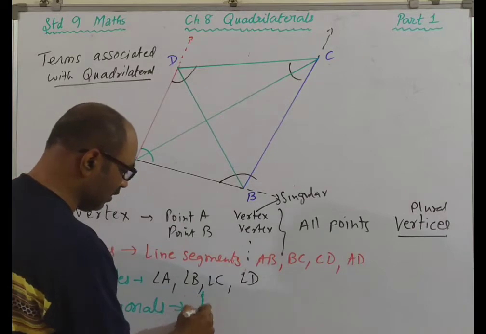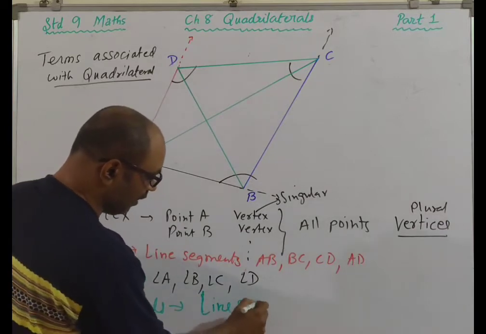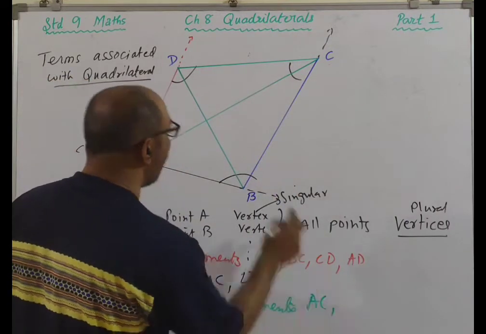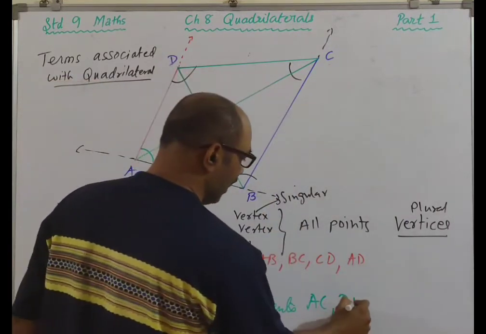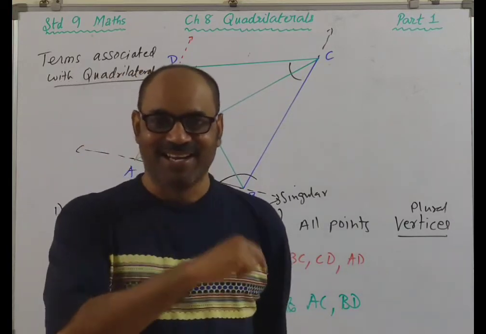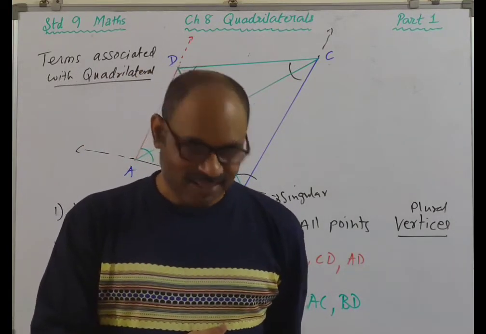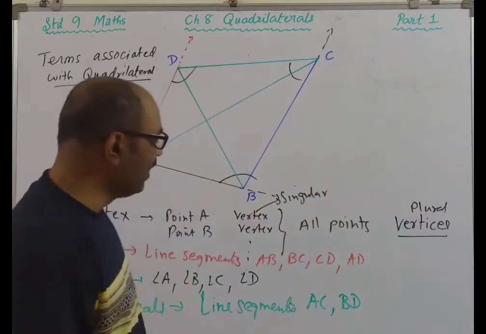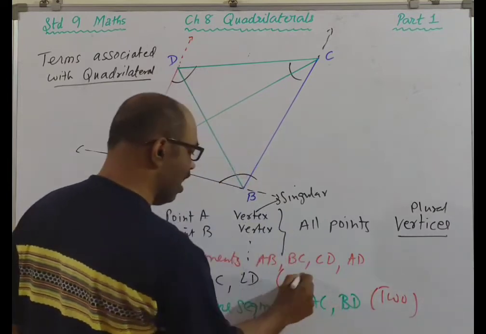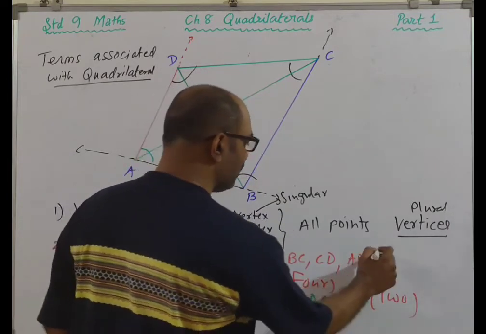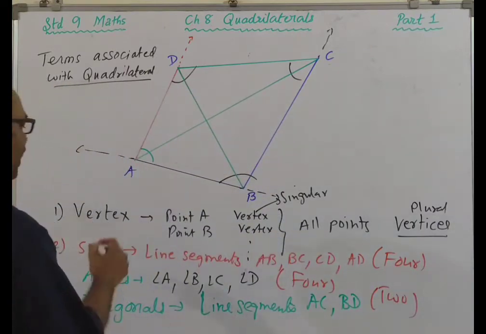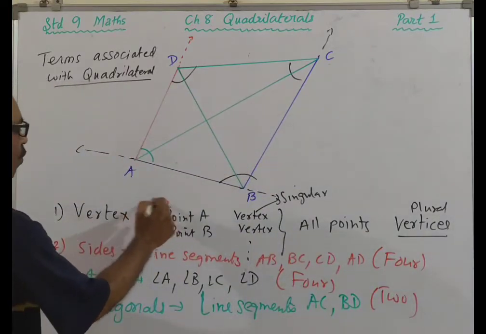Line segments AC and BD are called diagonals of the quadrilateral. Is that clear? How many diagonals do you have? 2. How many angles? 4. How many sides? 4. And vertices also you have 4.